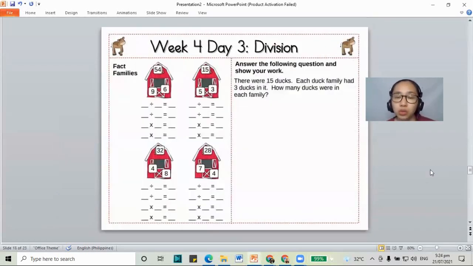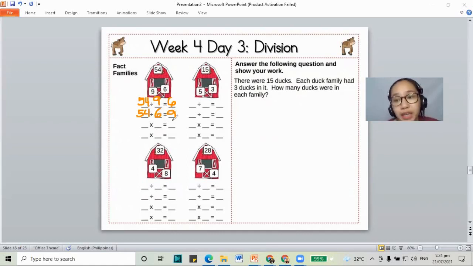How about we do division? Now, we have here our fact families. When we do division, the bigger number goes first and then the smaller one. So, if we have 54, 54 divided by 9 is equal to 6. And 54 divided by 6 is equal to 9.